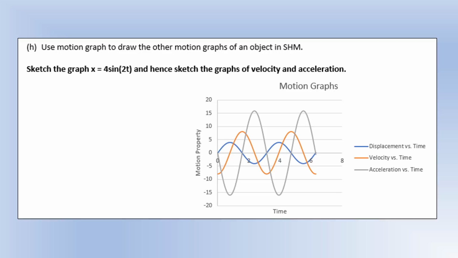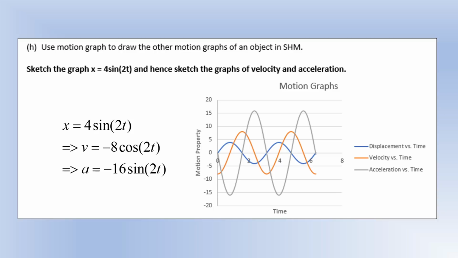Okay, so what we're going to do is have a look at how we can construct graphs of objects in SHM, so the displacement, velocity, and acceleration graphs, or the motion graphs. So if we have a displacement equation, displacement is 4 sine 2t, what we can do is get expressions for the velocity and acceleration using differentiation.